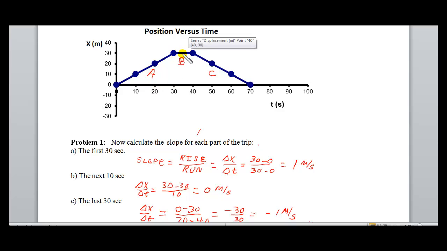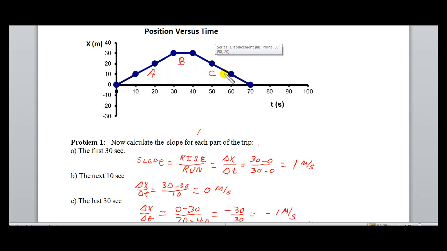What is the instantaneous velocity at 35 seconds? Well, it's equal to 0. What is it at 37 seconds? Well, the instantaneous velocity is still 0. That is, during this entire 10-second time interval, the velocity was 0, the slope was 0, and so the instantaneous velocity is going to be 0 throughout that entire range.